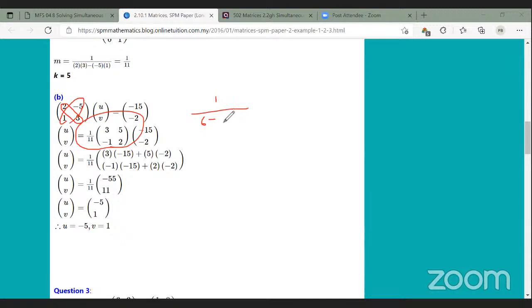So negative 5 times 1, you'll get negative 5. So you'll get 6 plus 5. Once you get that, you'll get 1 over 11. So that's how you get this 1 over 11.